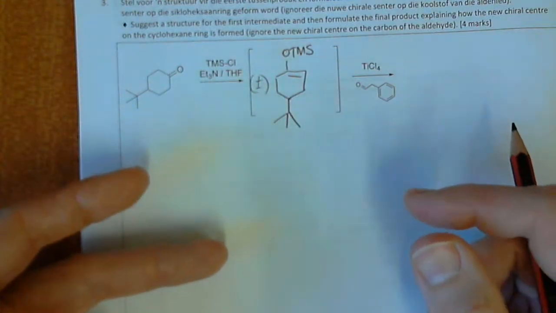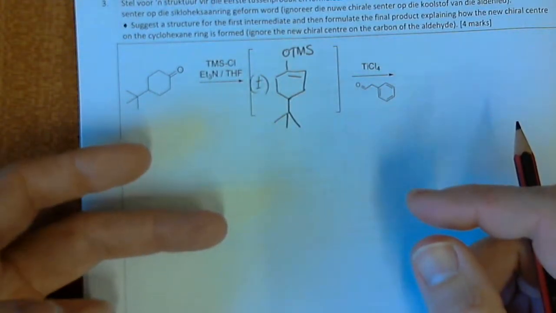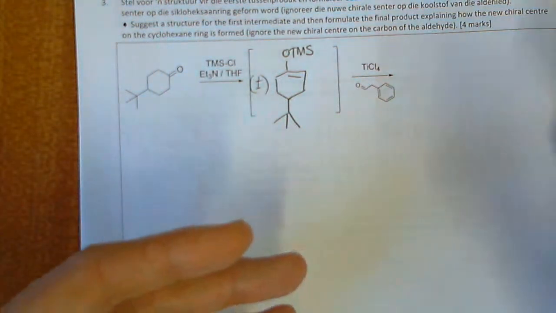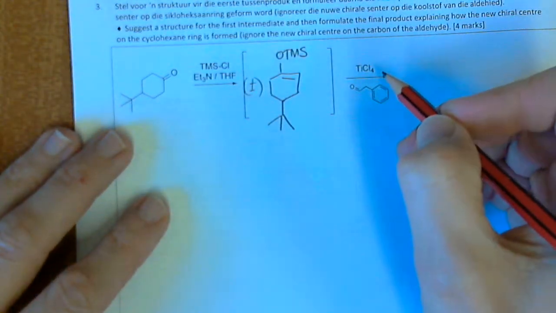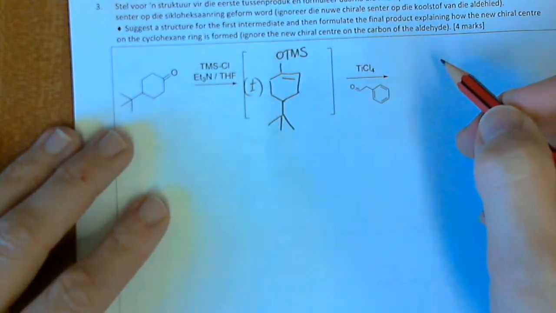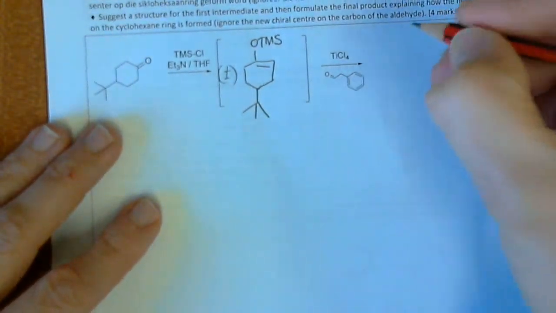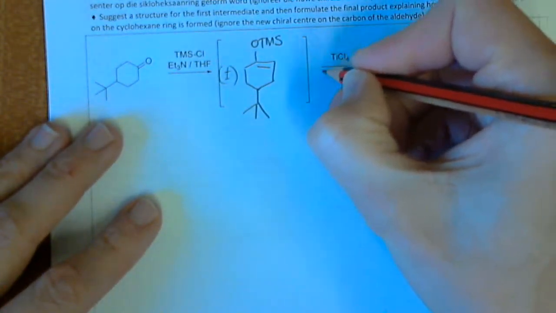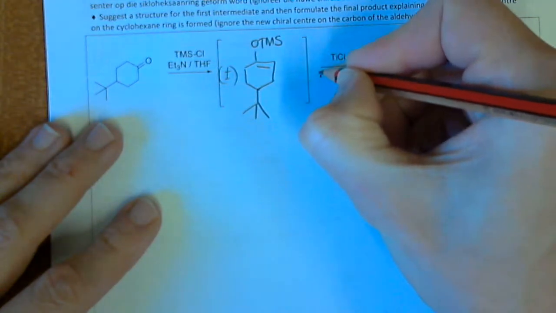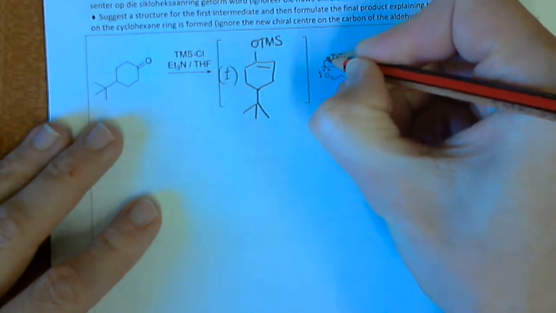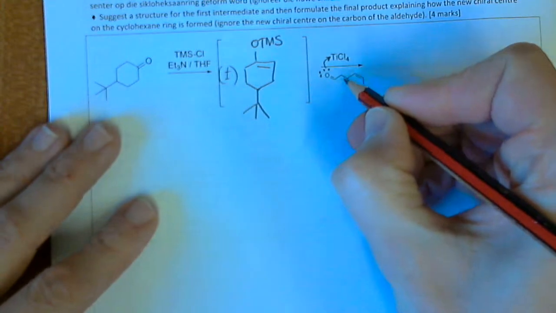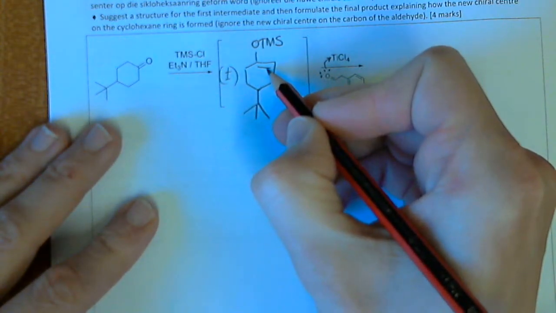So one is testing your ability to do silyl-enol ether reactions using a Lewis acid, and pretty much everyone didn't get that. And remember, what happens is the Lewis acid is important for activating the aldehyde, which is a good electrophile, but not good enough for the TMS group.